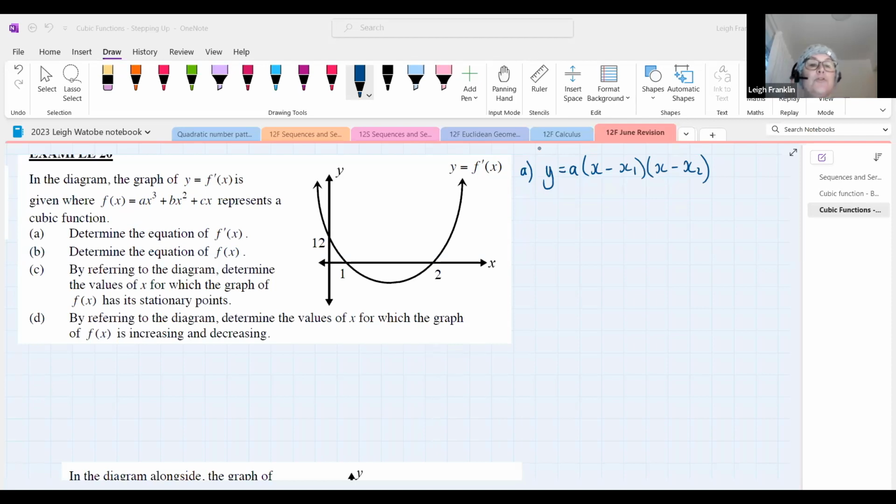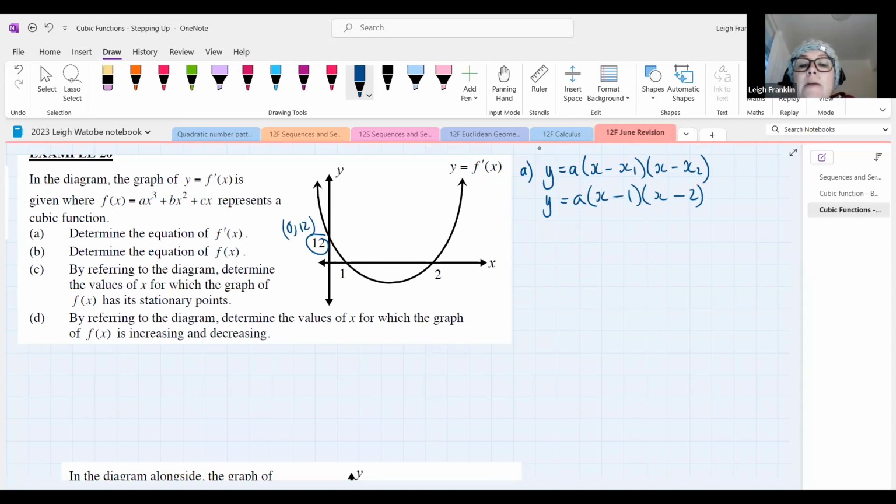So the first thing that we would need to do would be to sub in our x-intercepts. That would give us y equals a, x minus 1 times x minus 2. This point over here, the y-intercept, its coordinates are actually 0 and 12 because it's a y-intercept.